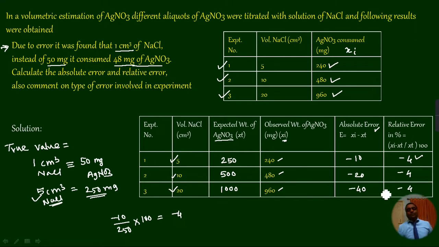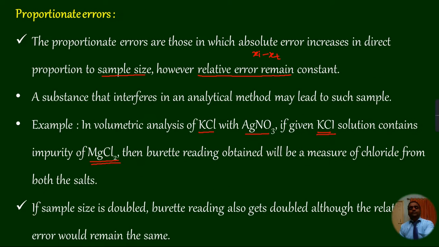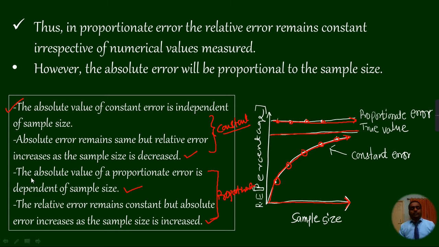What does it explain? What does it say? So let's go back and see. The absolute value of a proportionate error is dependent upon the sample size, while the absolute value of a constant error is independent of the sample size.